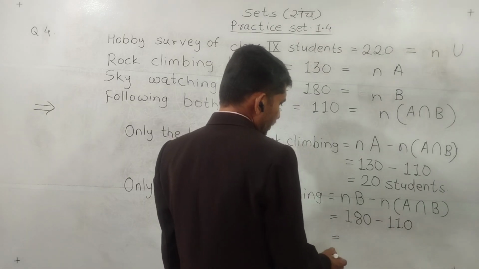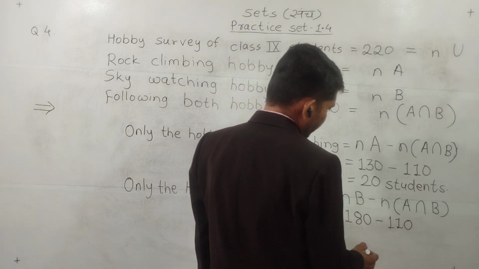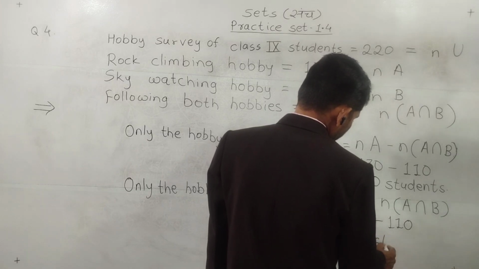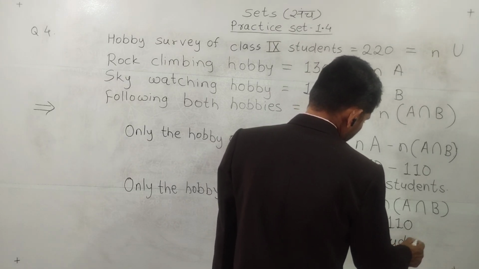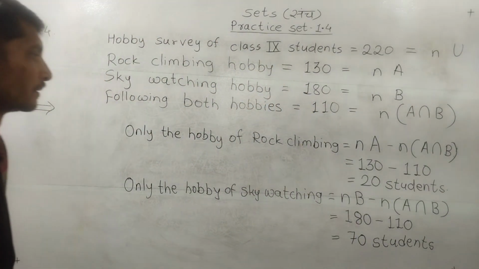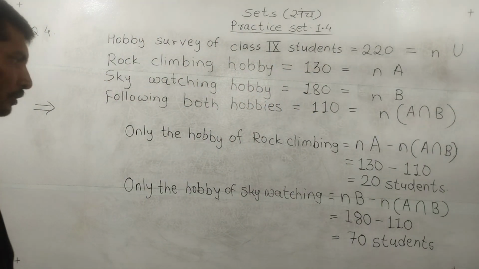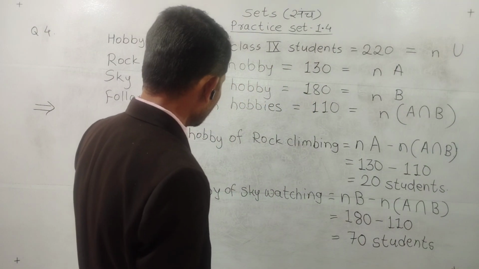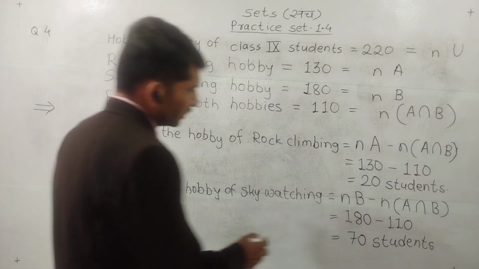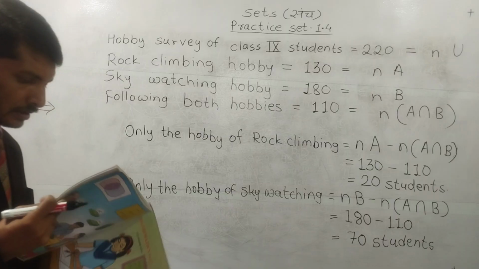When we will do this subtraction, how many students we will find? 70 students. Okay, 70 students who are having the hobby of sky watching. Only 70 students having single hobby of sky watching. Okay, so this is the answer of second last question.